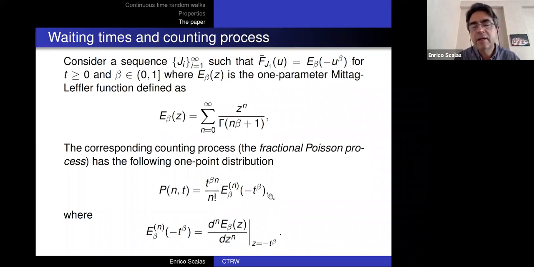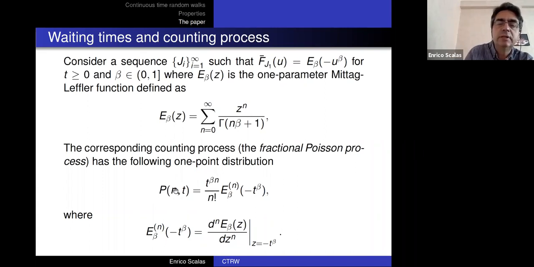And here you have this symbol, which means the nth derivative of the Mittag-Leffler function computed in minus t to the beta. So this is the one-point distribution of the counting process. And this counting process, as a renewal process, is called the fractional Poisson process.